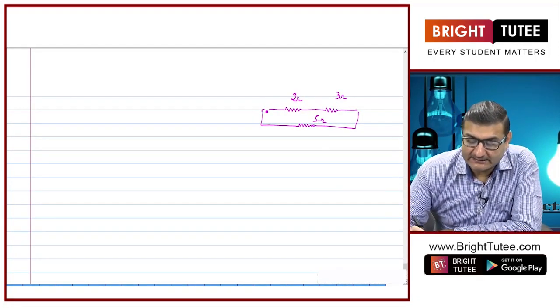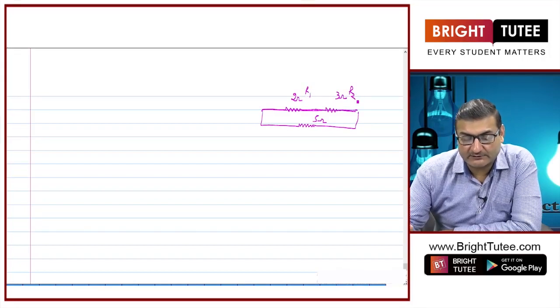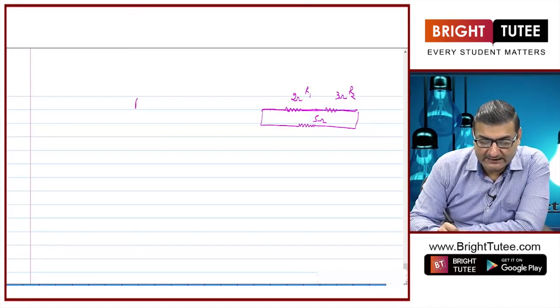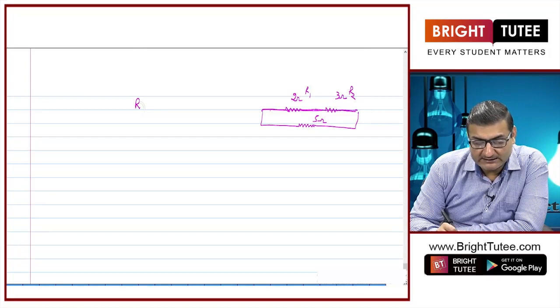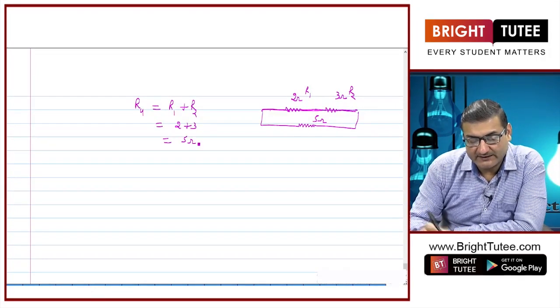I see that these two resistances are combined in series, and when I talk about R1 and R2, I want to take the total of these, and since they are in series, I can write the total resistance, let us give it the name R4, equal to R1 plus R2, which comes out to be 2 plus 3, that is 5 ohms.